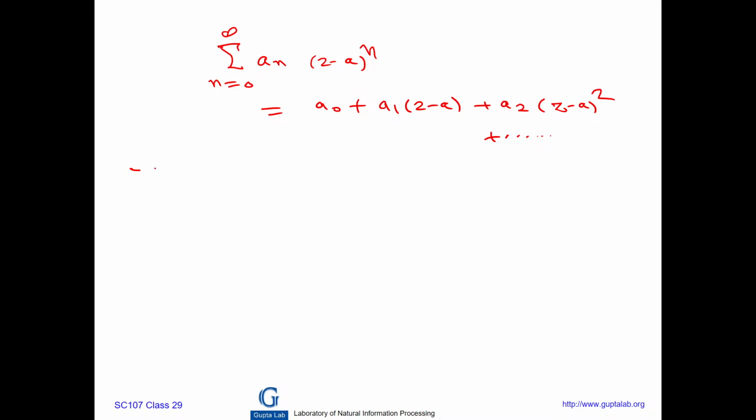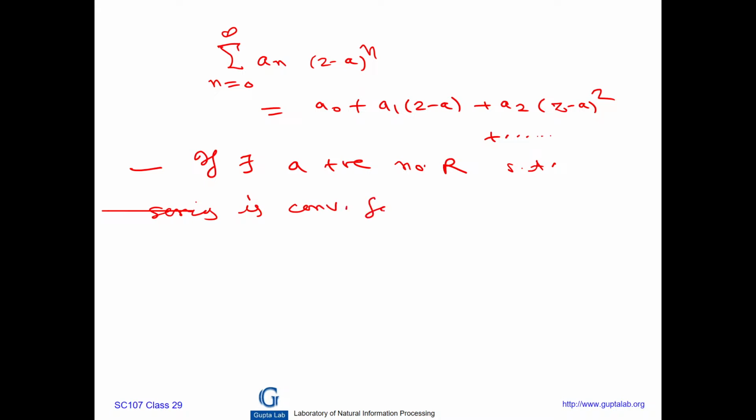First of all, we have talked about radius of convergence. If there exists a positive number r such that the series is convergent for mod of z minus a less than r, then r is known as the radius of convergence.